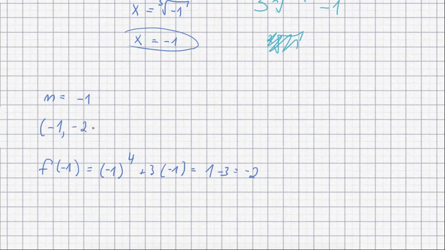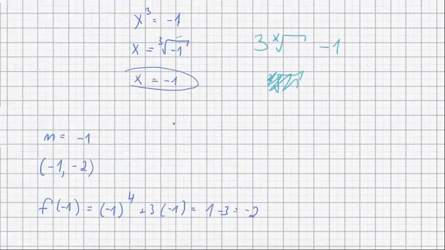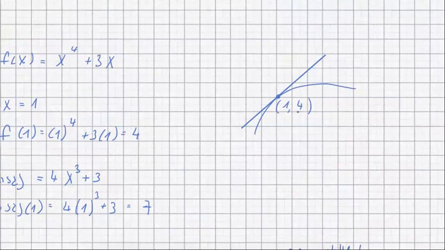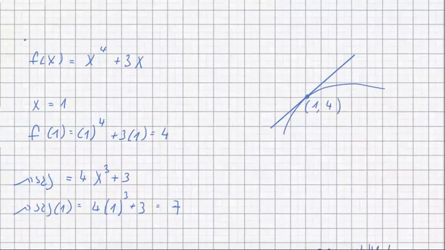So how do you know when you're supposed to use the nigzeret and when you're not? Yeah, that's the big question. You use the nigzeret whenever you want to find the slope.